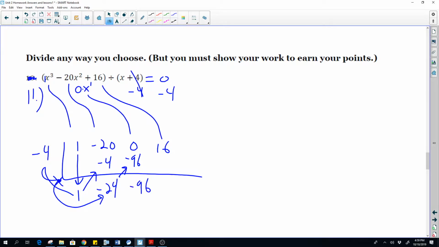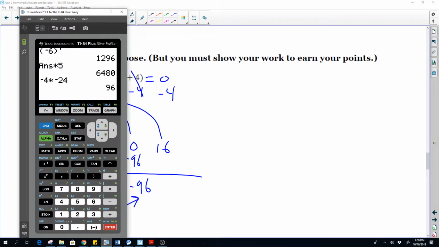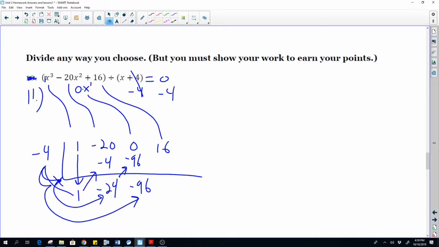Wow, it's going to be a huge remainder. Let me double check. Wait a sec. Ooh, interesting. So this was actually: bring down the 1, -4, -24.